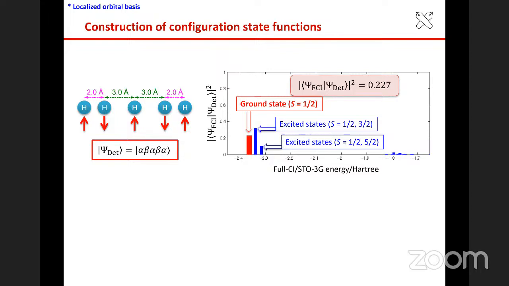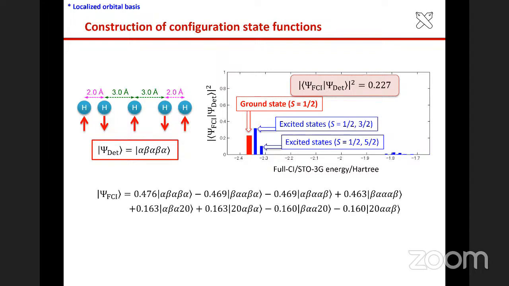Why? This is because if we calculate the full CI wave function for this system, we obtain this wave function. You can see we approximate the full CI wave function using the first term, but we have another 3 terms having almost equivalent amplitude as the first term.